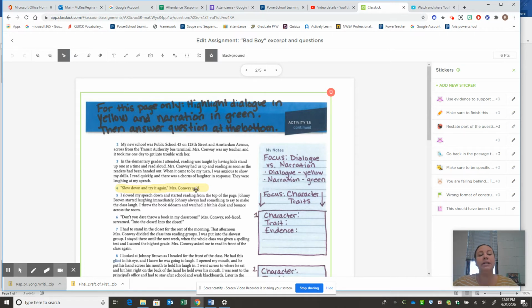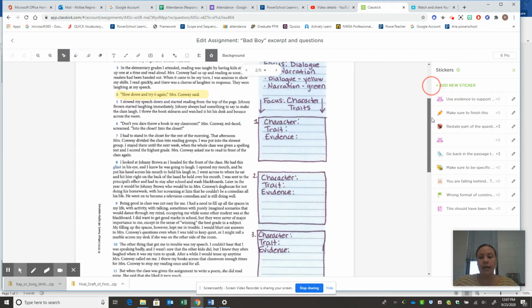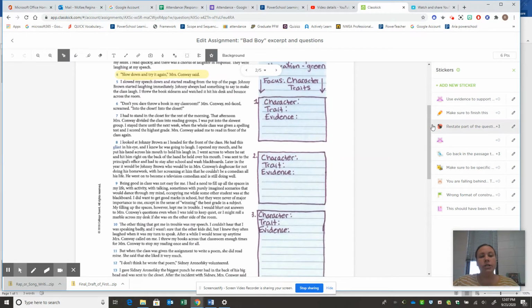I want you to identify the difference between dialogue and narration. Then also on the side here, just like we worked on in class, you have some character trait boxes. So you're going to read through here and pick a character. You would put the character's name in there, whether it's Walter or Mrs. Conway or another character in the story, like one of the peers in class, that kid's name or that adult's name.